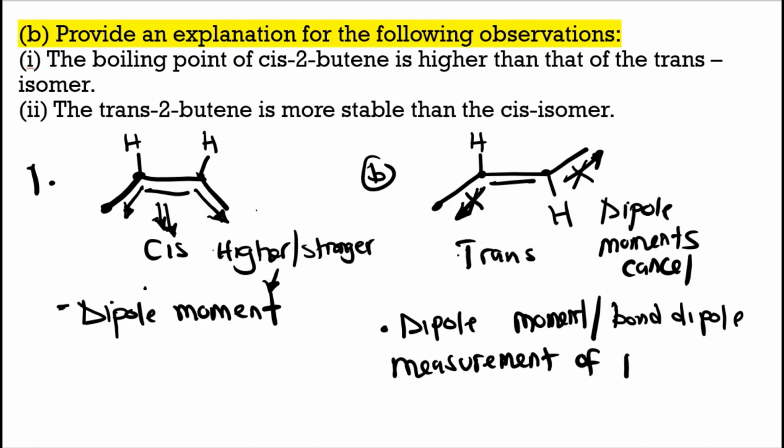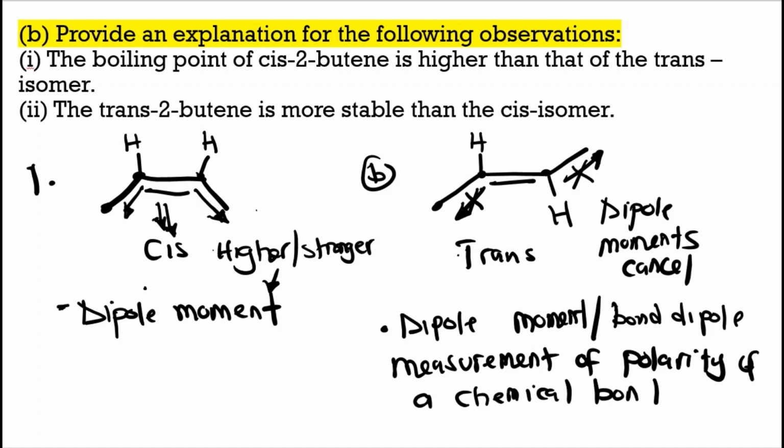So in a cis isomer, the polarity is pointing in the same direction, so there is a higher boiling point. In a trans isomer, the polarity is pointing in opposite directions, so the dipole moments cancel out. Hence, they have a low boiling point.